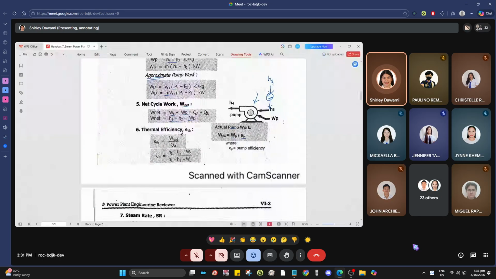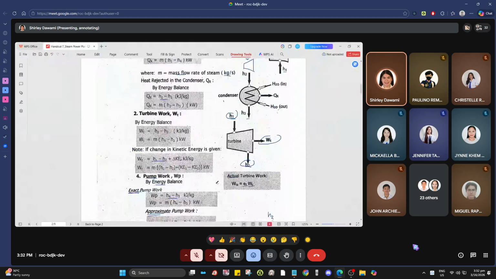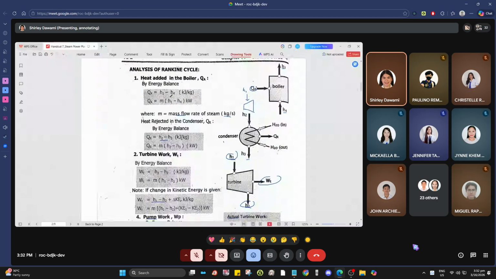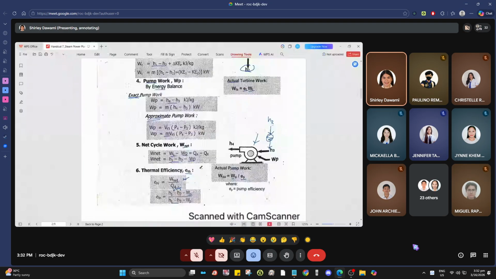For the thermal efficiency, that is work net over QA, where work net is equal to the turbine work minus the pump work divided by the QA, H1 minus H3. Oh, QA. QA is H1 minus H4. No, anong H3 man eh.